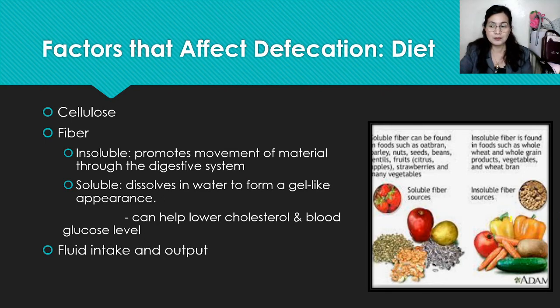Soluble fiber, on the other hand, is dissolved in water to form a gel-like appearance, and it can help lower cholesterol and blood glucose level. It is important, again, to check on the fluid intake and output. Here are some examples of soluble and insoluble fiber sources.